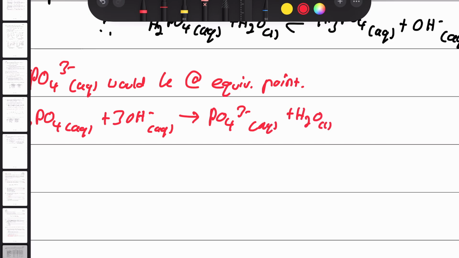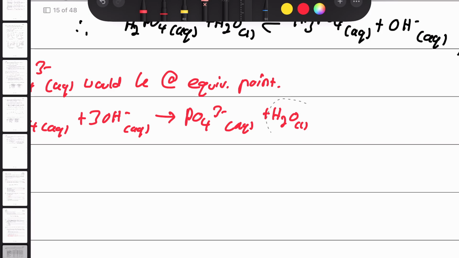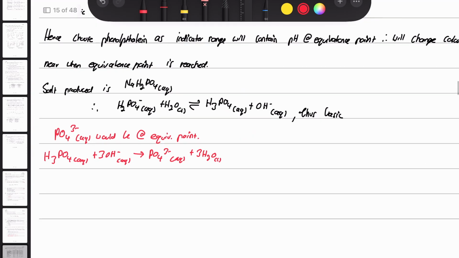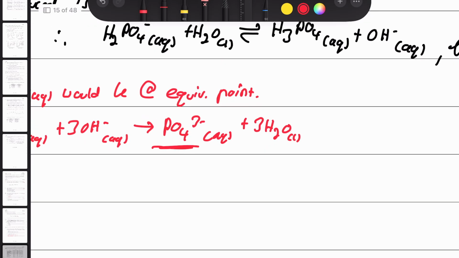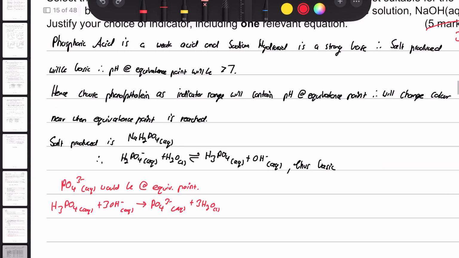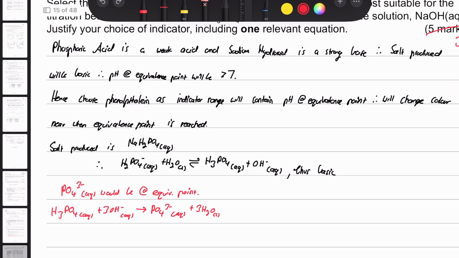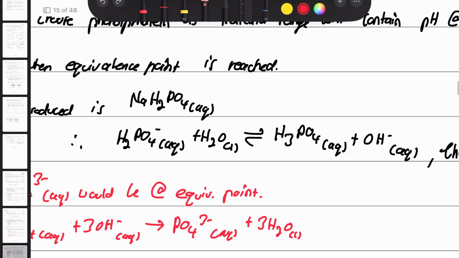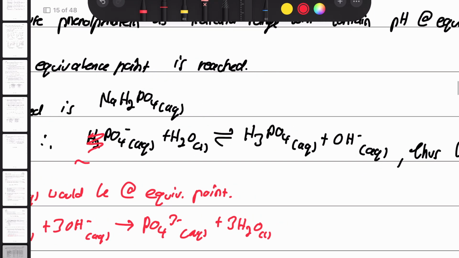So this is the full equation. Wait, sorry. To balance this a little bit, to move that over. So this would be the equation. So I need to talk about PO4 instead of just this H2PO4. So I lost 2 marks there because I needed to say PO4 would be in the solution, and then my equation needed to be the PO4 one.